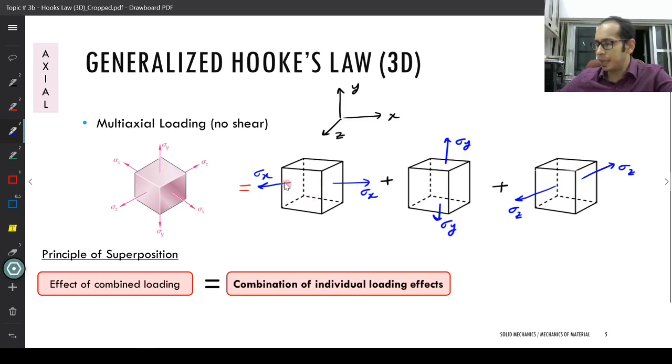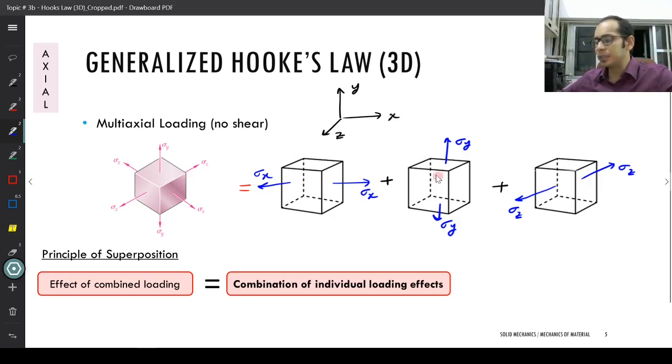I have taken sigma x, and if you multiply with the area and balance the forces, since it's a cube, it's the same dimensions everywhere. I'm going to balance the forces. Here also I balance the forces. Here also I balance the forces over here. I have taken this one and blown it up into 3 separate cubes with these individual loadings, the combined effect of which is going to give my original loading over here, right?